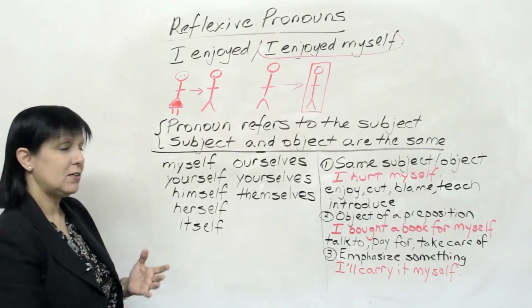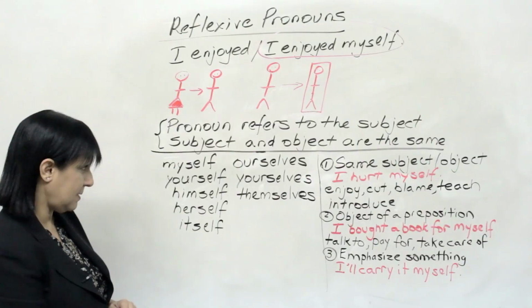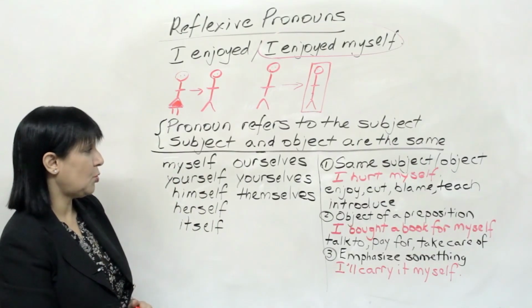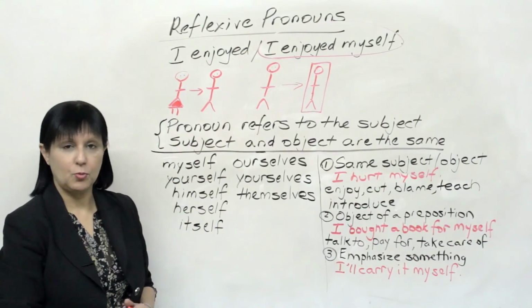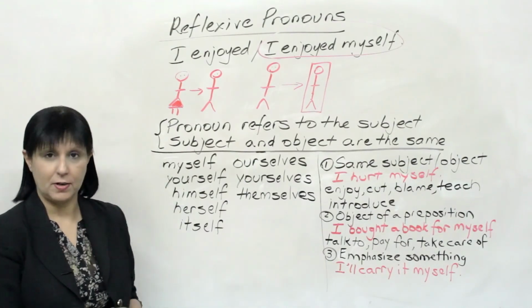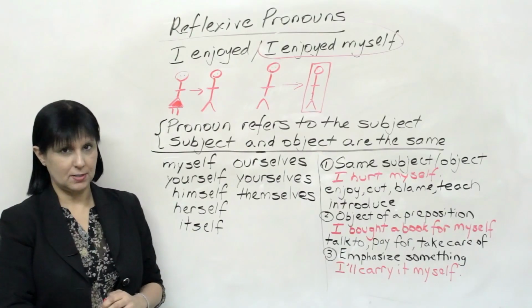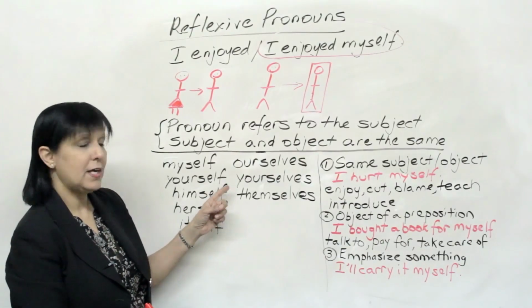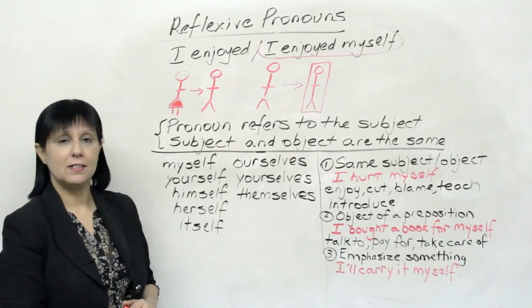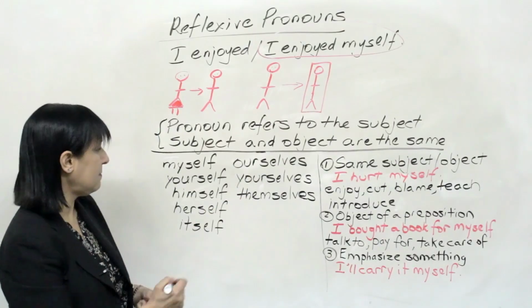Okay? Or the dog hurt itself. All right? Like that. We enjoy ourselves, or we enjoyed ourselves at the party. We enjoyed ourselves when we were on vacation. Did you enjoy yourselves? Now this is plural, right?